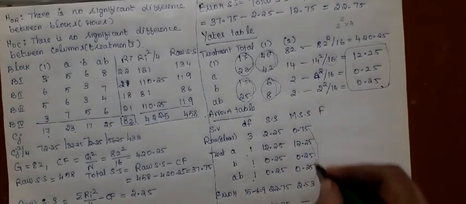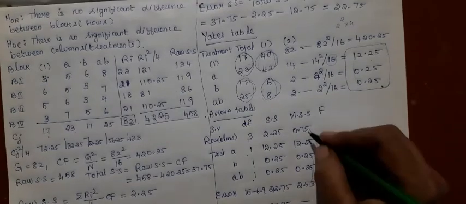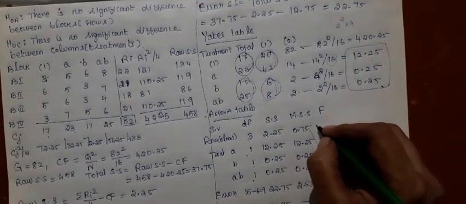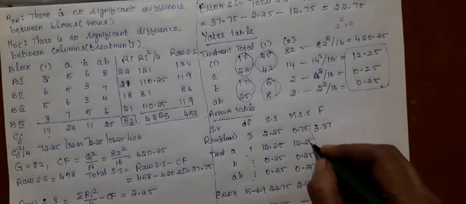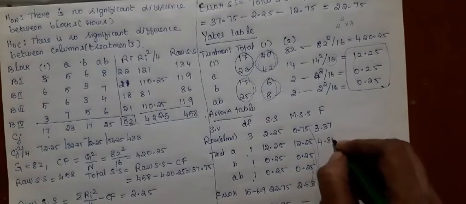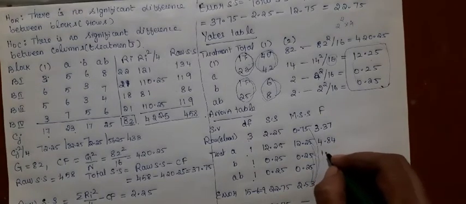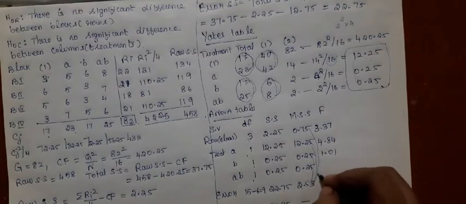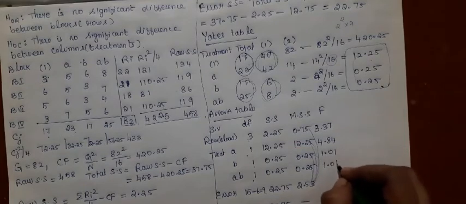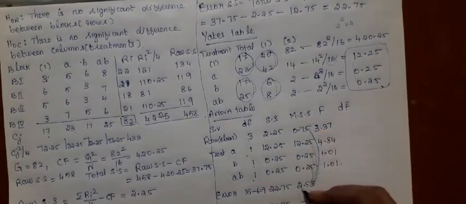Compare everything with the error and have the largest value in the numerator. 2.53 by 0.75, 3.37. 12.25 by 2.53, 4.84. 2.53 by 0.25, which is 1.01. 2.53 by 0.25, 1.01.